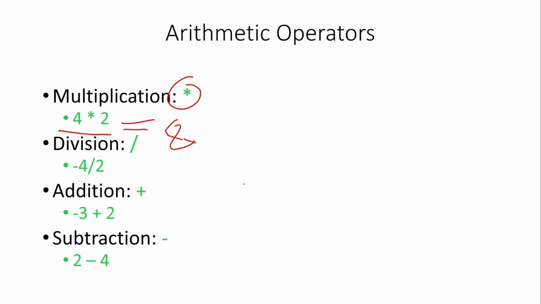Now, let's look at division. It is the forward slash. So, negative 4 divided by 2 equals negative 2. Addition is, well, the plus sign, because it is, in fact, on the keyboard. So, negative 3 plus 2 equals negative 1.